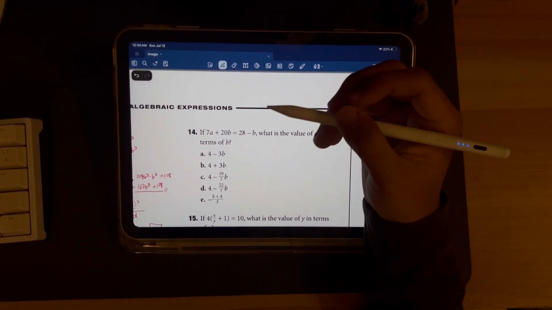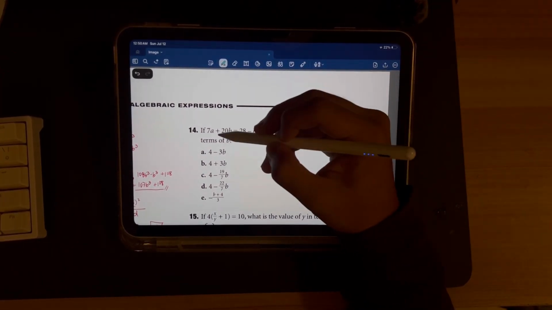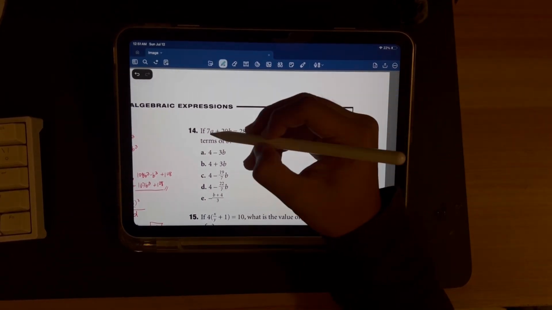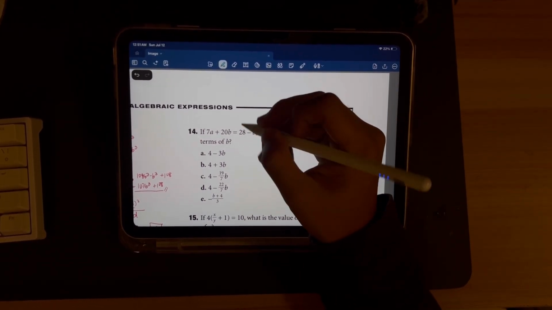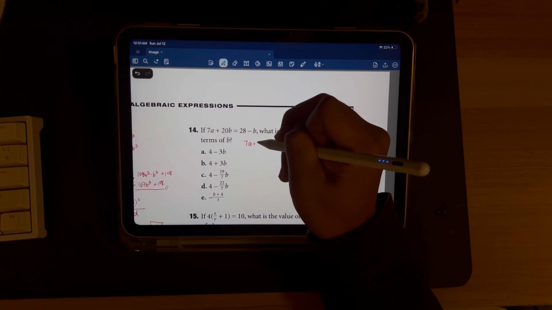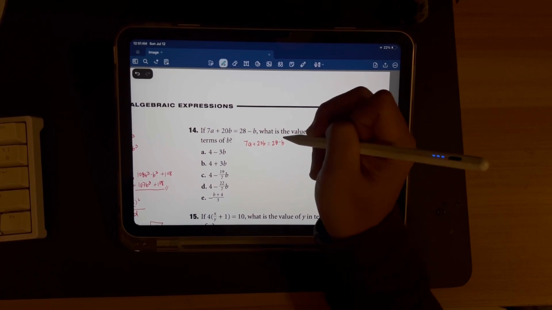Let us now move on to the 14th question. Again, what is the value of a in terms of b? So here we are again asked to isolate a. And in order to do that, let's first rewrite the old equation. We have 7a plus 20b is equal to 28 minus b.